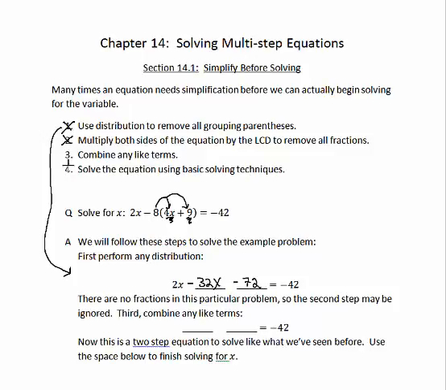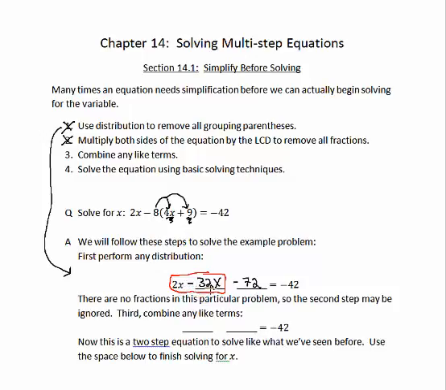This leaves step 3, combine like terms. Up above, you should see that we have 2 like terms, 2x and then the minus 32x. So we're going to combine these into 1. I'll write that in red.